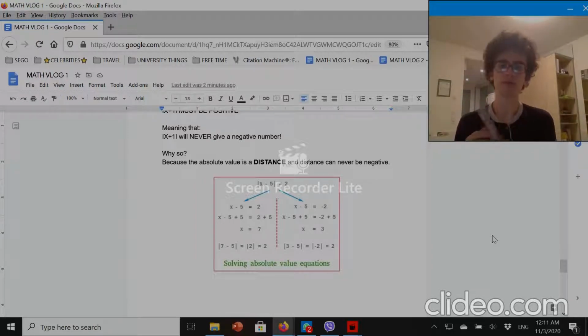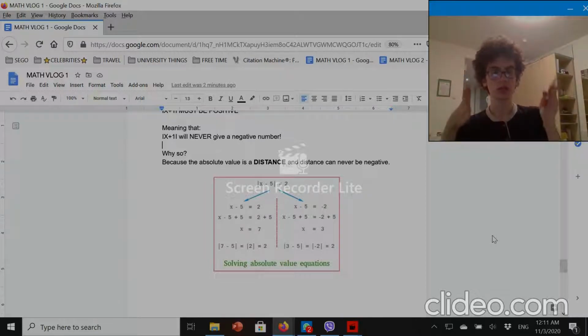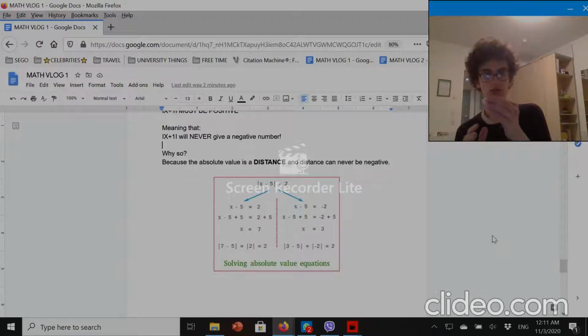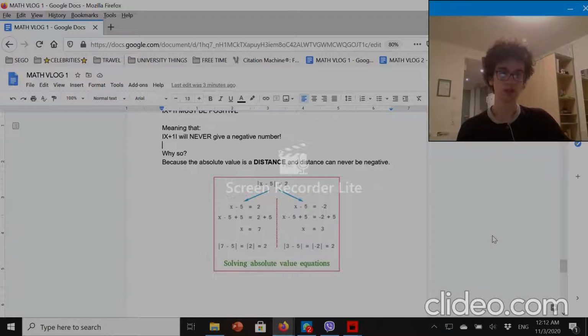So when you have x minus 5 in these little absolute value brackets equal to 2, you would write it as x minus 5 equal to 2 and x minus 5 equal to negative 2. And then you would just solve the equation easily. So on one side you would have x being 7 and on the other side x being 3. And that's it. And it also applies for more complicated exercises.